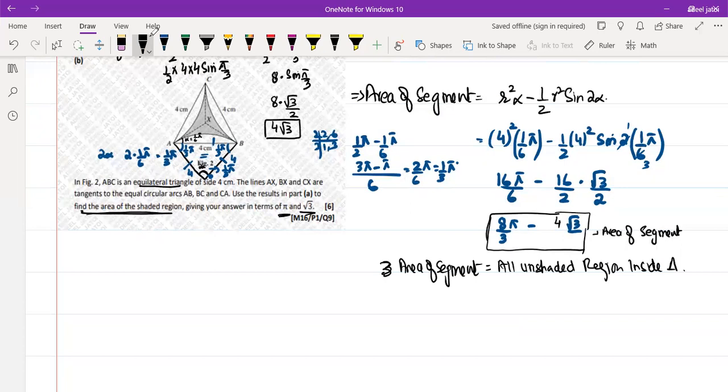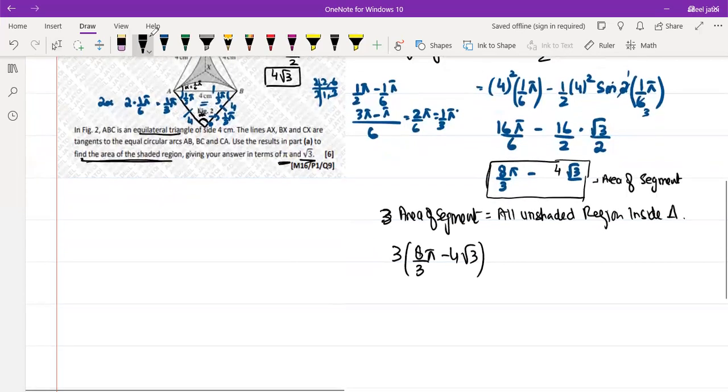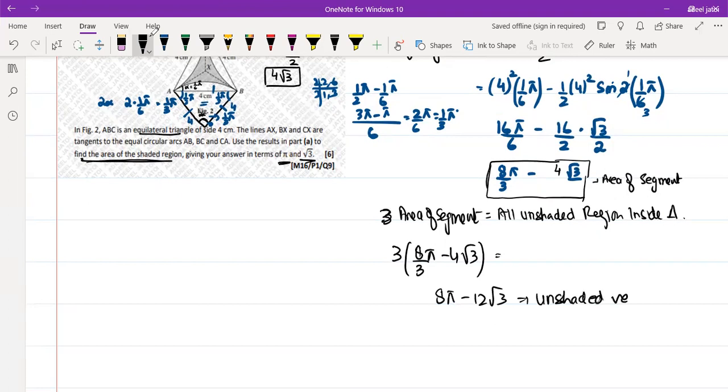So this is 3 times 8 upon 3 pi minus 4 under root 3. This can be written as 8 pi minus 12 under root 3. This is the unshaded region.